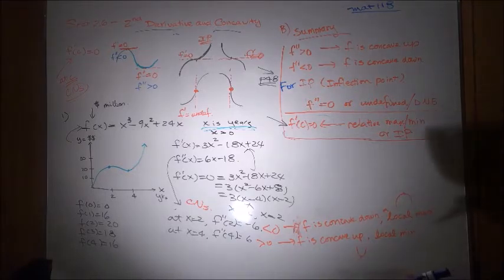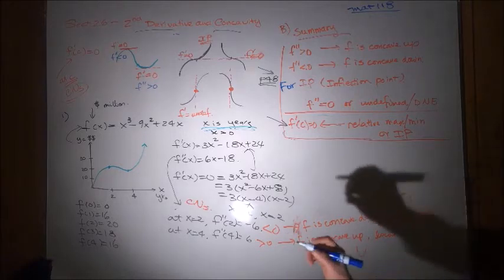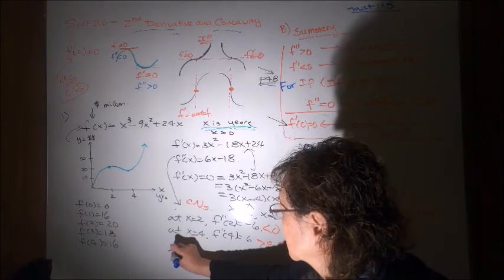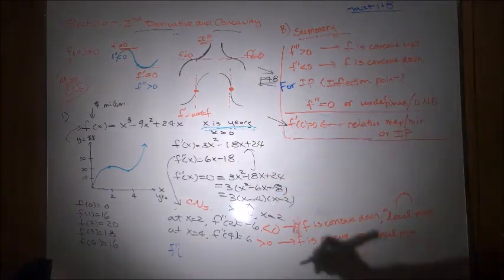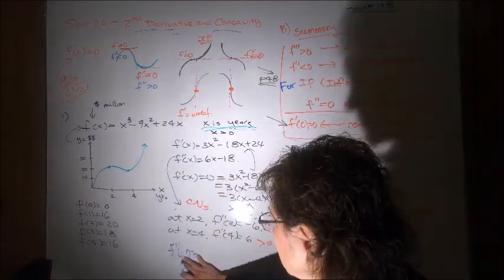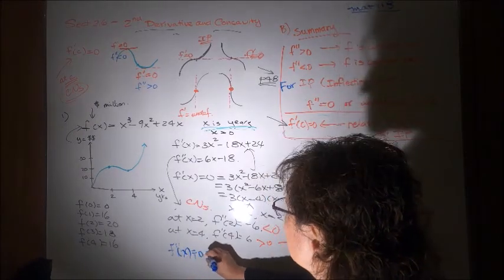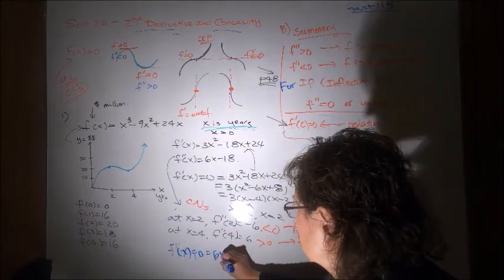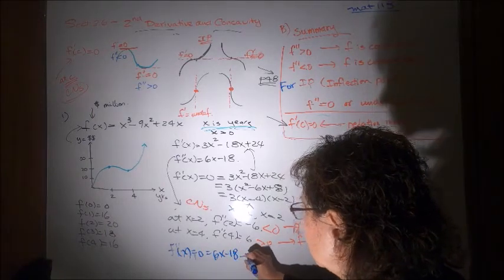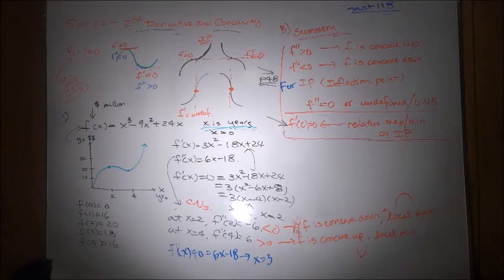So if f double prime is 0, for the second derivative 6x minus 18, then what do we have? You solve for x. x is 3.